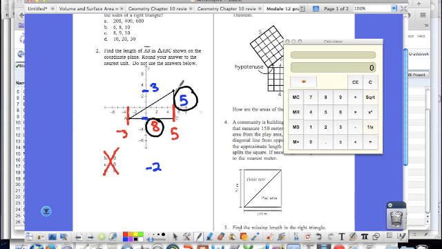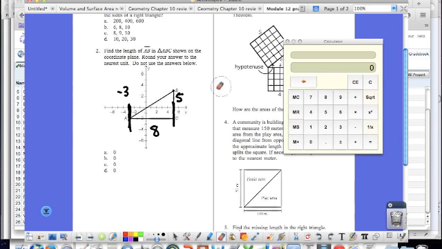Okay, so let's look back here. This line, as far left as it goes, is right here, correct? That is -3, correct? It goes all the way over to 5. How many spaces is it from -3 to 5? It's 3 on this side and 5 on this side, which makes a total of 8.